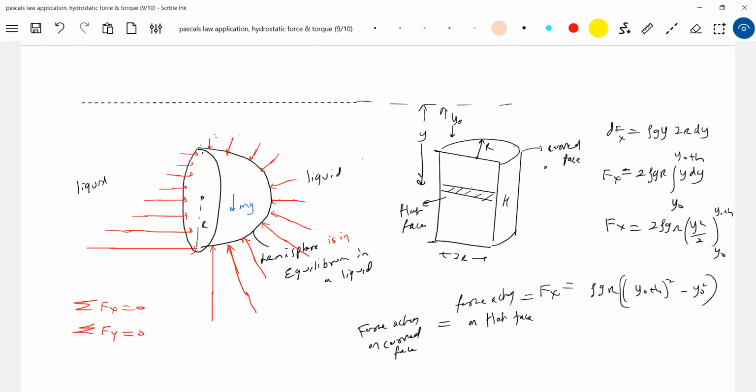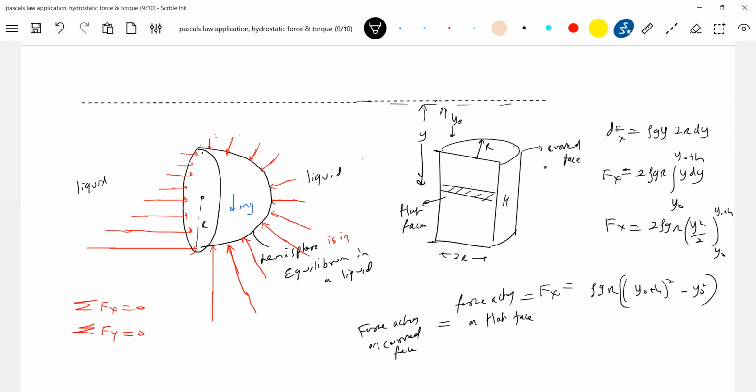You can assume an elemental strip, do it. It'll be very lengthy. Instead, this will be much easier, no? Pressure triangle idea. Still more, no need to write this also directly, but here the upper end is not exposed to atmosphere. So because of that, we are going to modify the limit. If this upper end was at the free surface, directly we would have written the pressure triangle formula. So we are just modifying it.